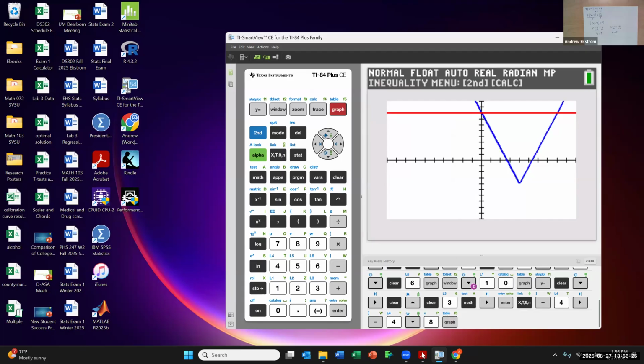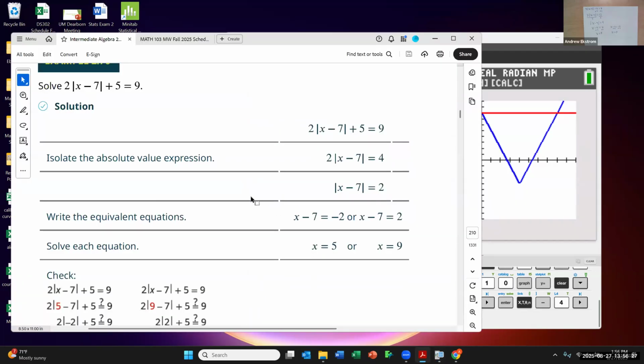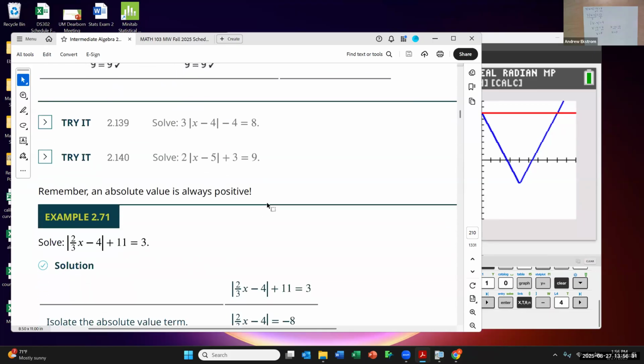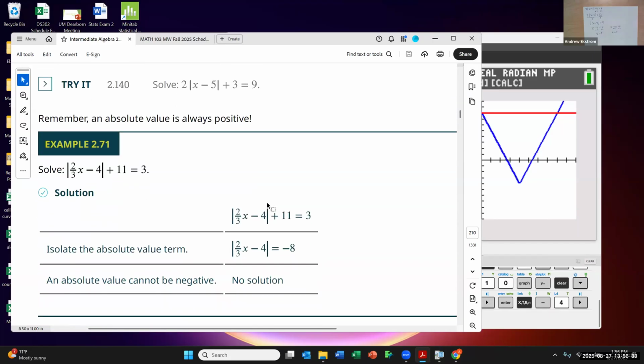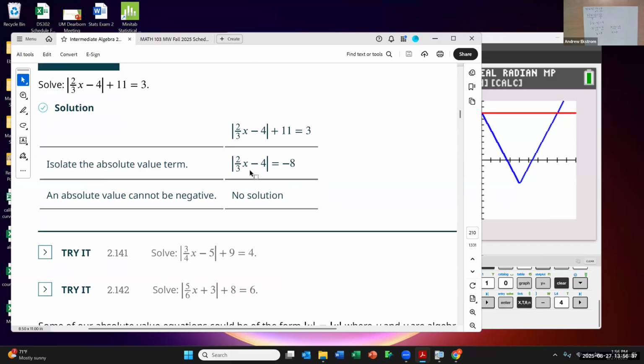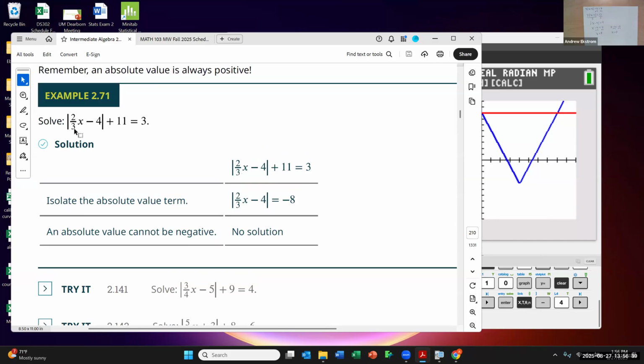With all of these, we keep doing the same things over and over and over again. And just looking at this here, it says there's no solution.